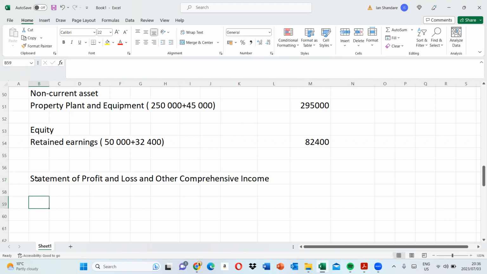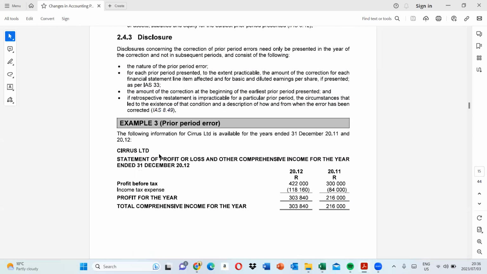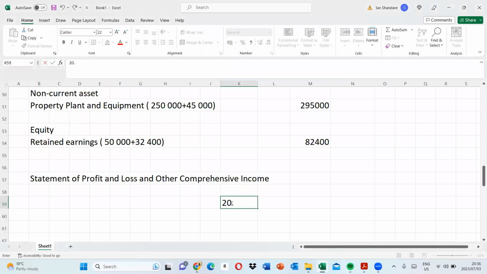In this regard, you come sort of fresh with your statements. So let's look at this. They gave us this information. You can see how we're given this information. They gave us profit for 2012 and 2011.